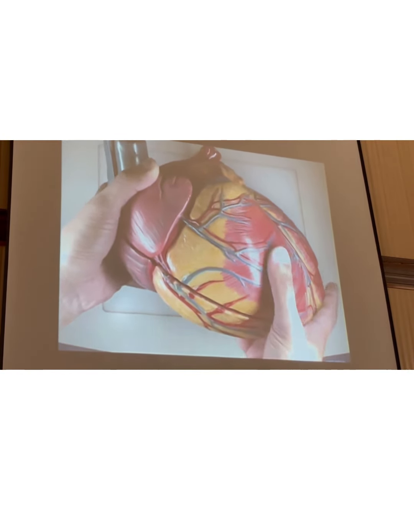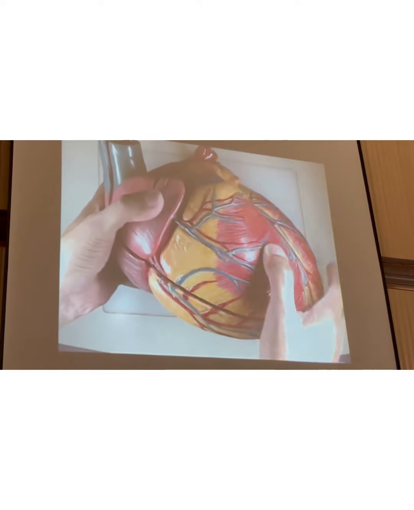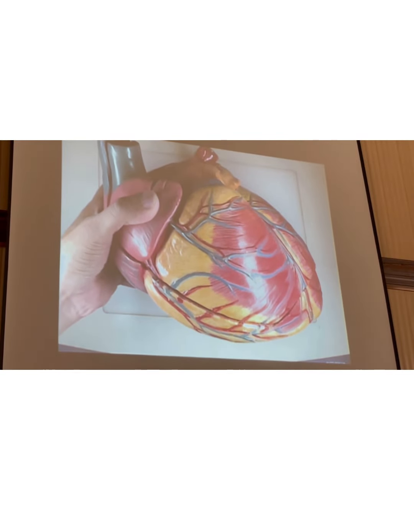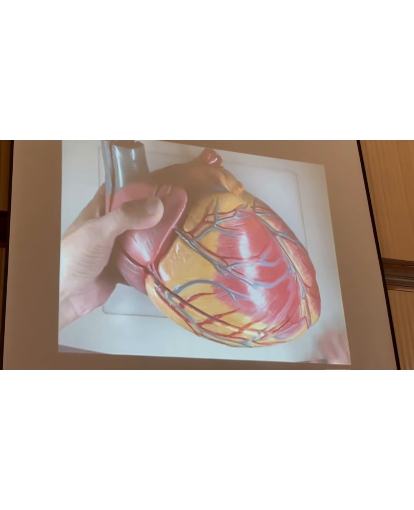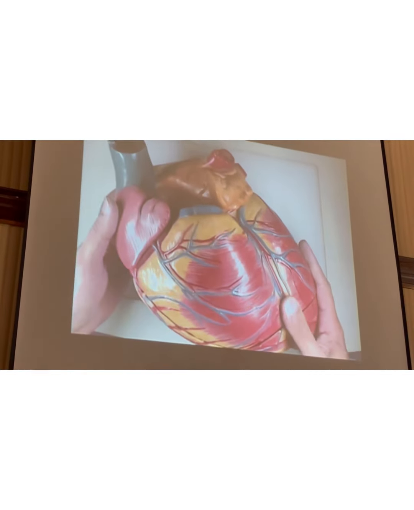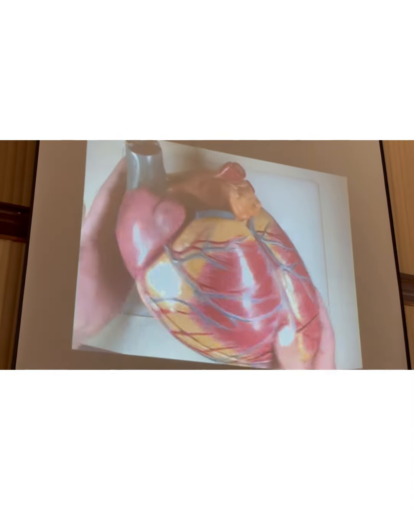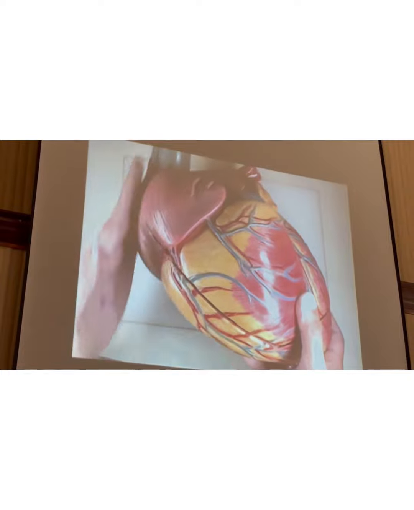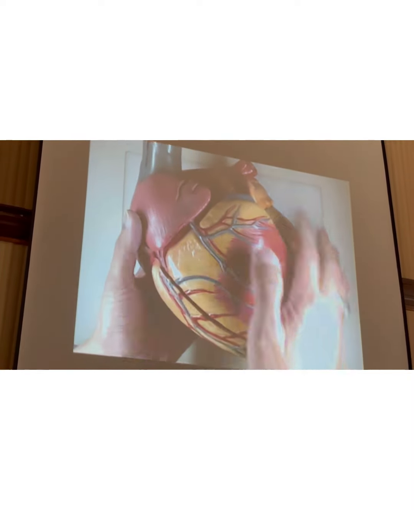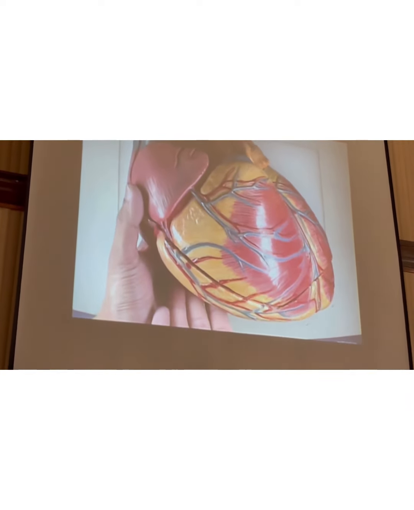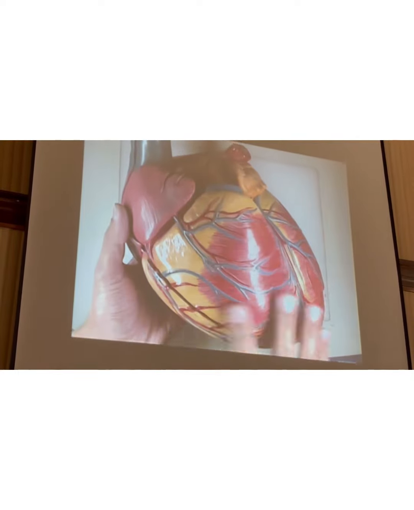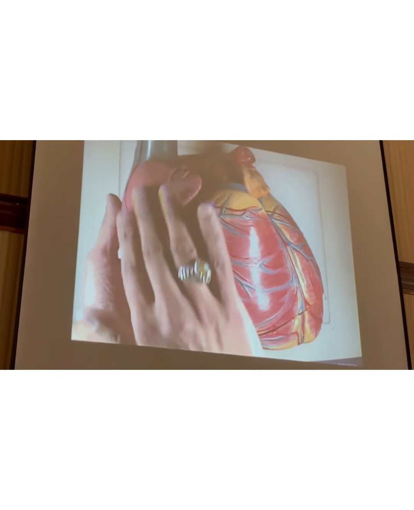Inferior border, right border, and then we have, we mentioned that the heart has right border, left border, inferior border, and then anterior surface. This is the anterior surface.